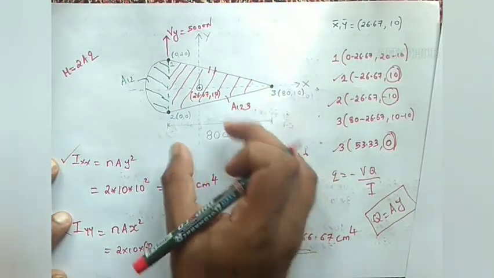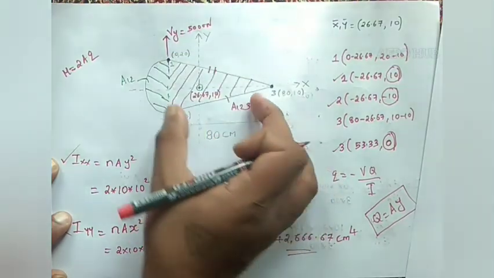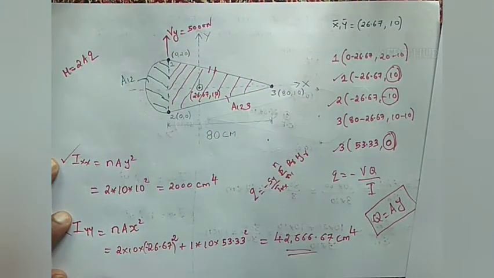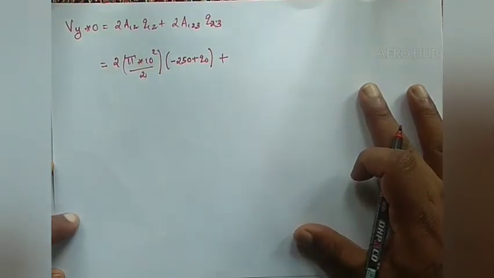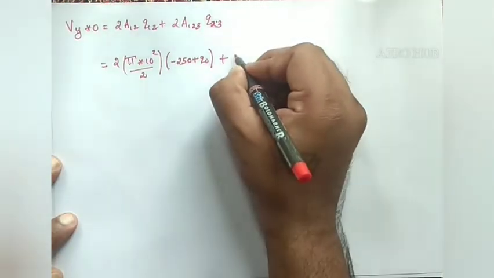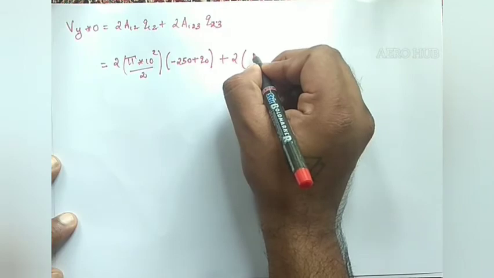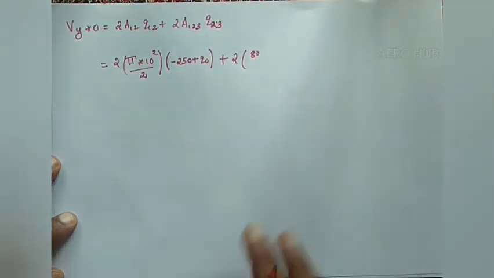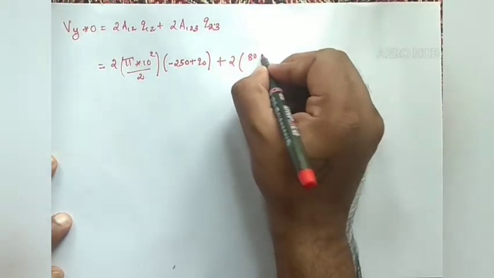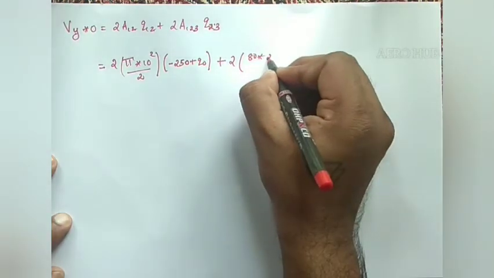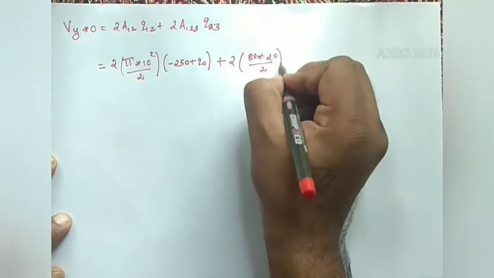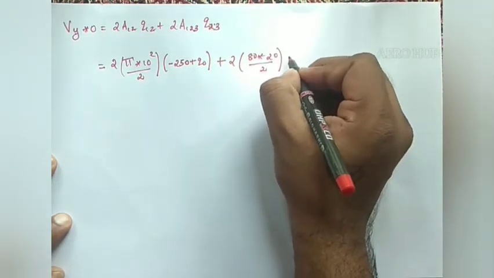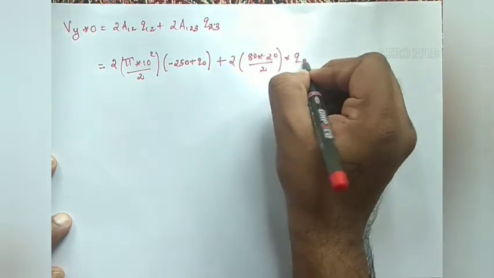Okay, so the base is 20 and the height is 80 centimeter. So that will be half BH, that is 80 into 20 divided by 2, into Q23, which is Q naught.